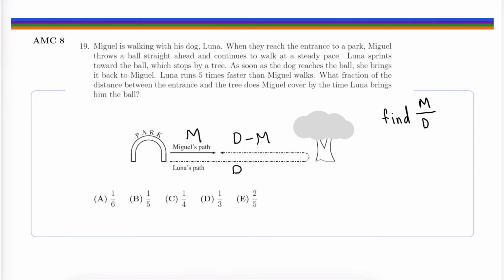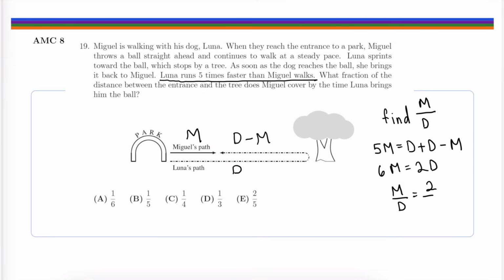Since Luna runs 5 times faster than Miguel walks, the distance that Luna covers will be 5 times the distance that Miguel covers. So 5 times the distance that Miguel covers equals the amount that Luna covers, which is D plus D minus M. Solving this, we get 6M equals 2D, and M over D equals 2 over 6. This equals 1/3, so Miguel covers 1/3 of the total distance.